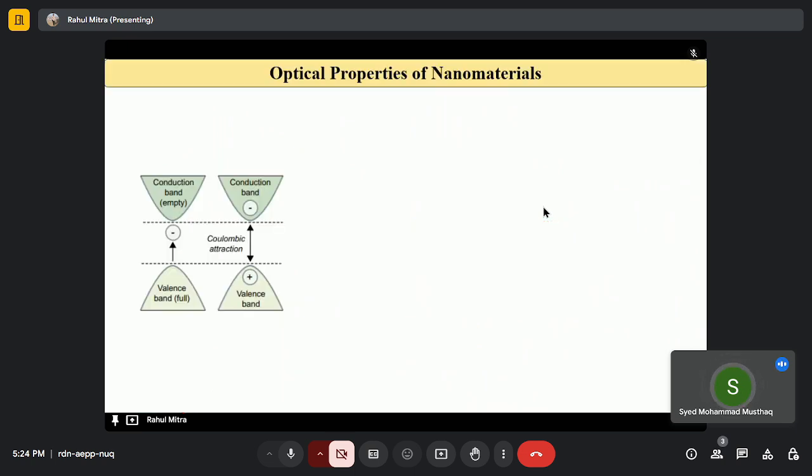That's all about the magnetic properties of nanomaterials. Coming to the optical properties of nanomaterials, again, what are the few things that I have to keep in mind? One is the quantization. On decreasing the size of the system, there is a quantization of energy levels.